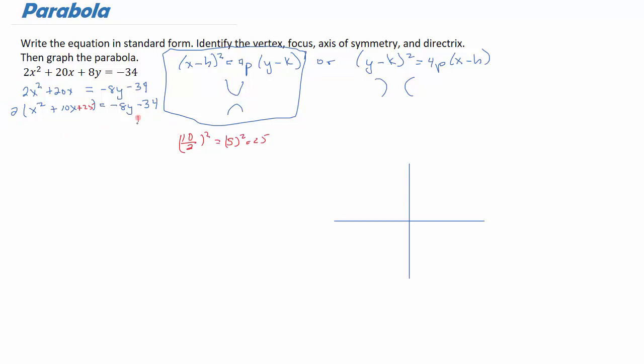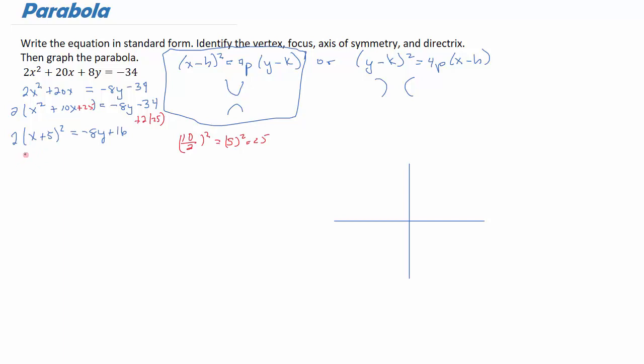So let's put plus 2 times 25 here. Completing the square, this becomes 2 times the quantity of x plus 5 squared equals negative 8y minus 34 plus 50, which turns out to be plus 16.